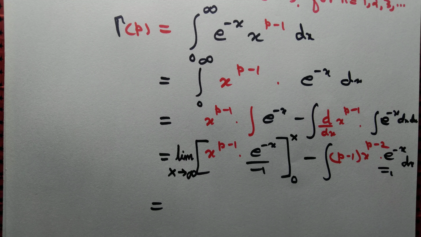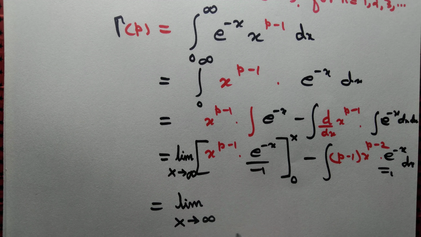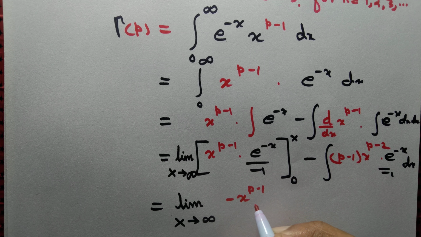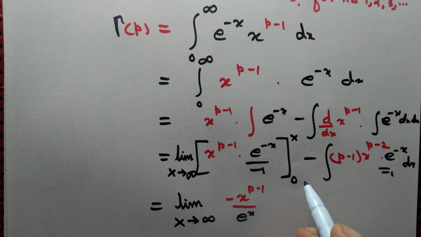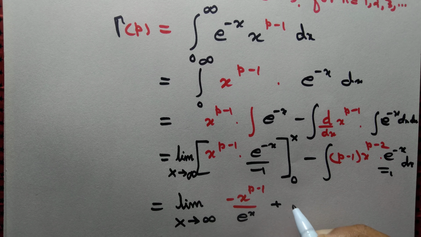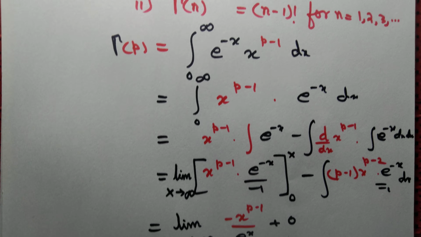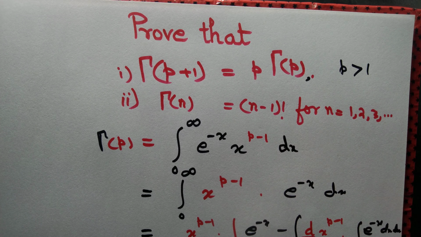As x tends to infinity, x to the power p minus 1 divided by e to the power x tends to 0. We assume p greater than 1, so this identity, and our proof, is valid only for p greater than 1.